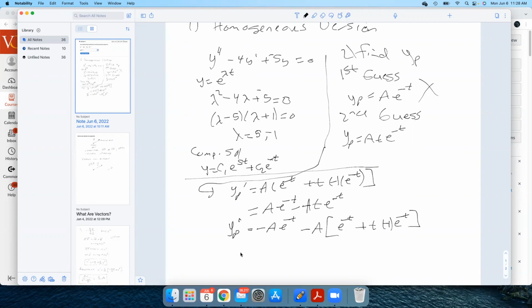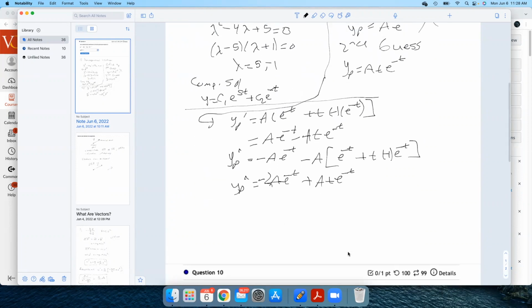Okay, I got a bunch of negatives in here, so I got to be careful. So I'm going to have another negative. That's the same as that guy right there. So I'm just going to call that negative 2 of those. And then I'm going to have a negative times a negative. So a plus A t e to the negative t.